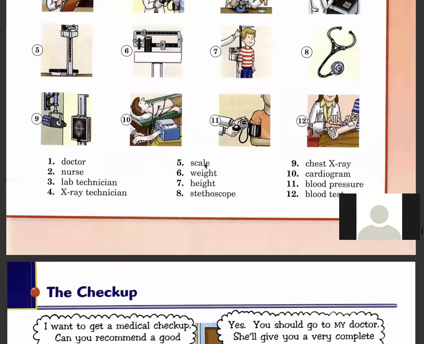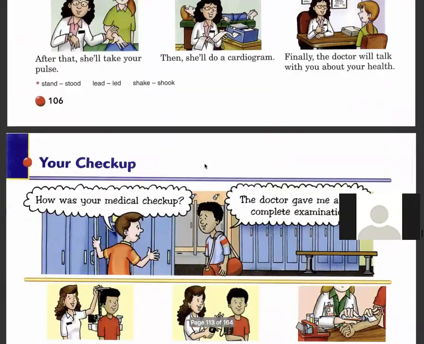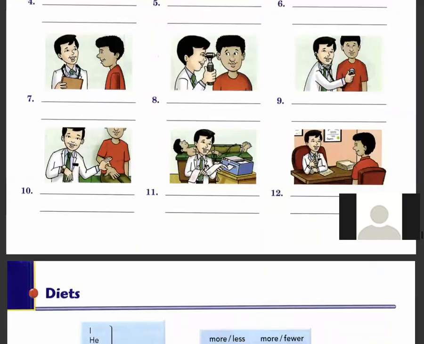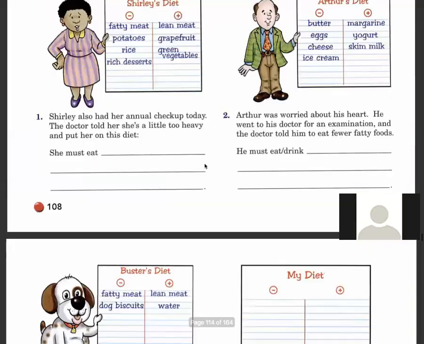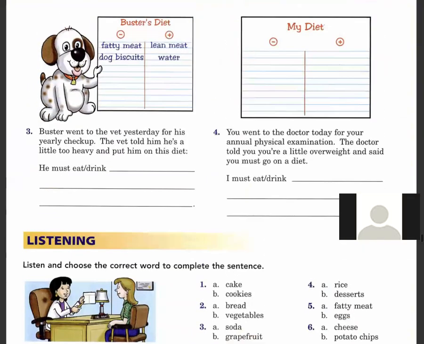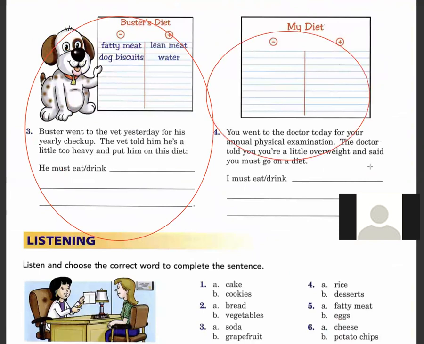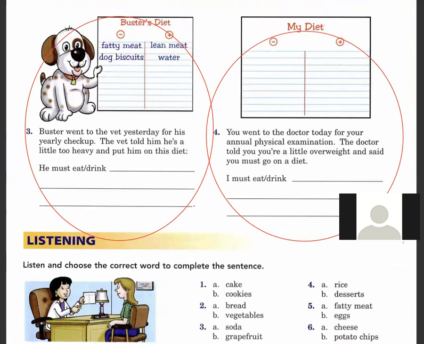All these things here are very, very important. Even during a physical, you're gonna need to know some of those things. So please complete number 3 and number 4. All right, for those of you who are just online, take a picture, 3 and 4, and then you can complete it.